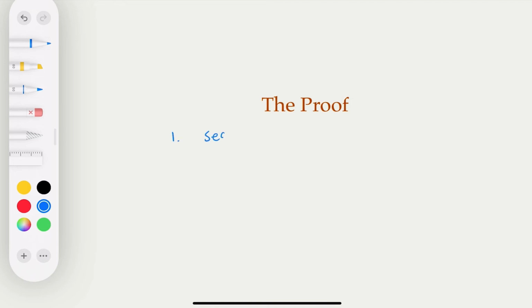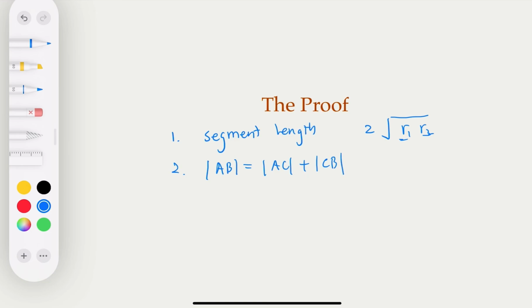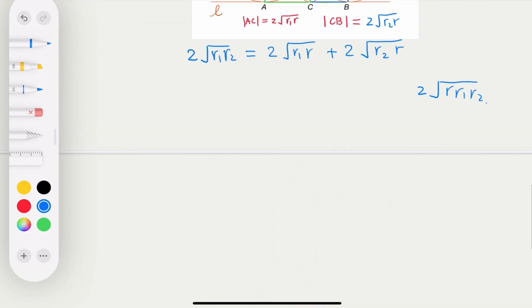Okay, so the step of the proof is that you figure out the segment length of whatever the shape here is, equal to square root of some R, either R1 or R2 in different cases. And then you use the fact that AB length equals AC plus CB here, and then you have this equation here, and you divide on both sides.